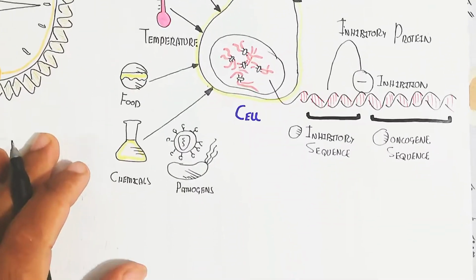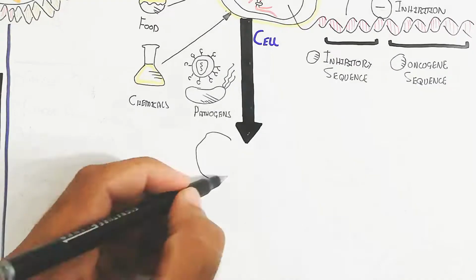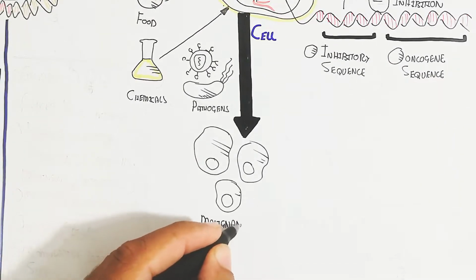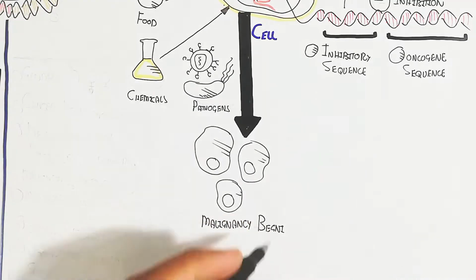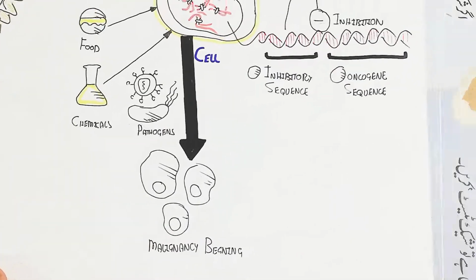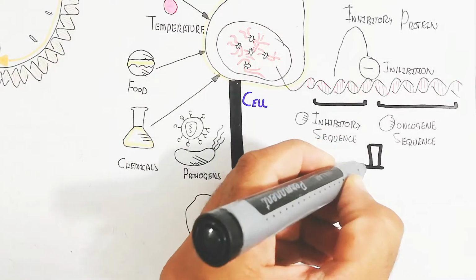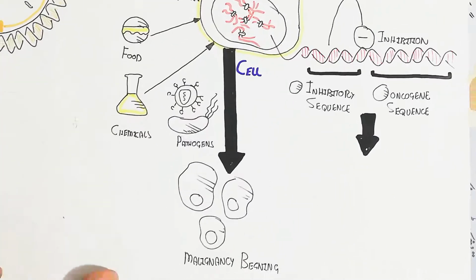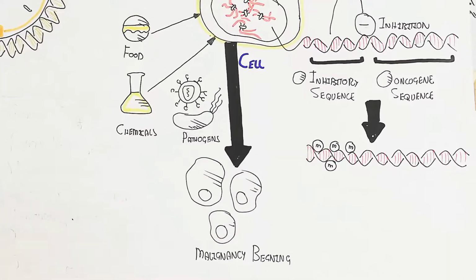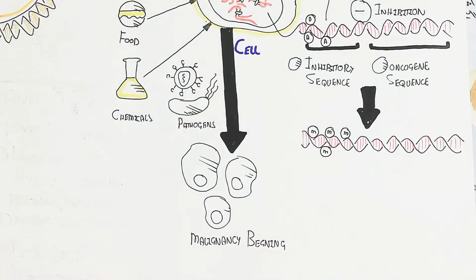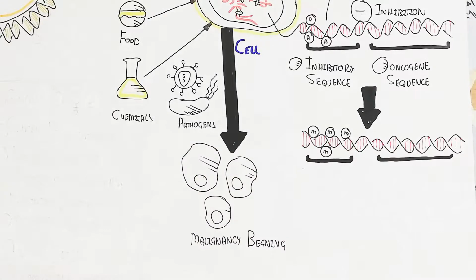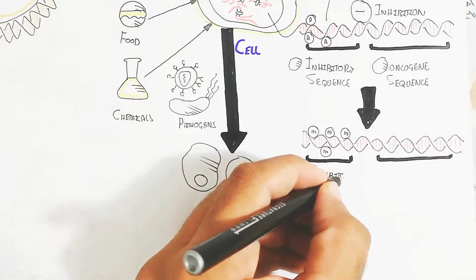Anyhow, when the inhibitory sequence is acetylated, it inhibits oncogene sequence expression, while malignancy begins when the inhibitory sequence is methylated. Whenever methylation occurs in the inhibitory sequence, it will not regulate the oncogene. In this way, inhibition of the oncogene is impossible.